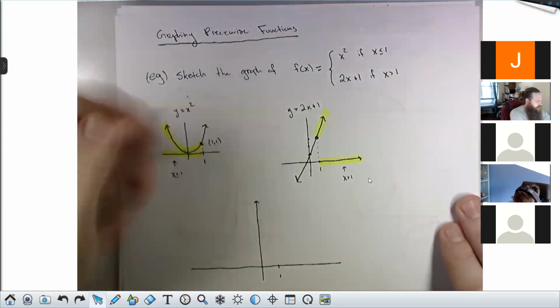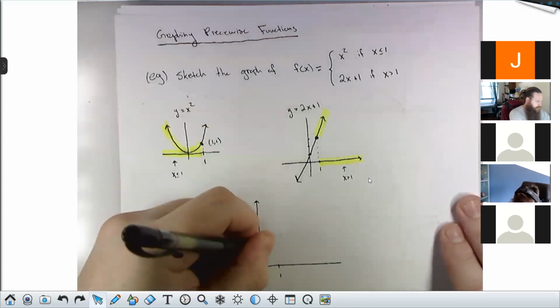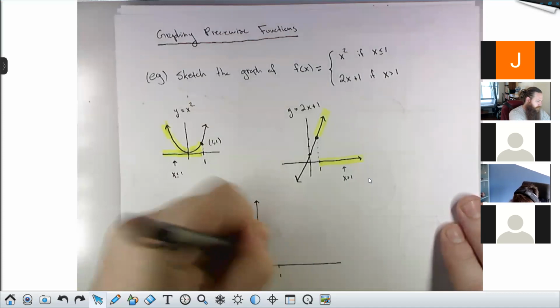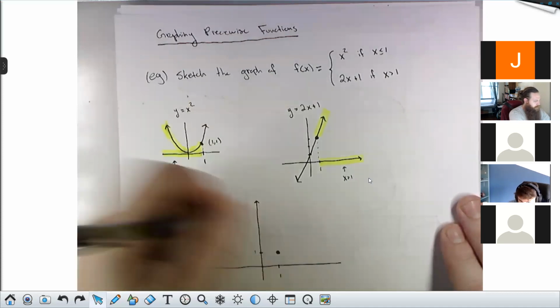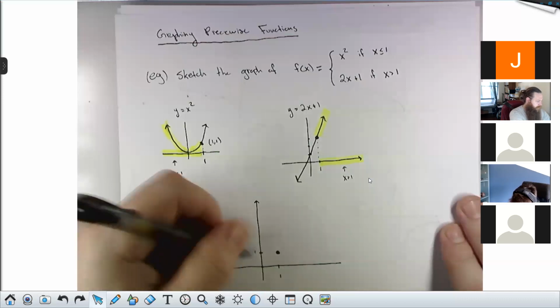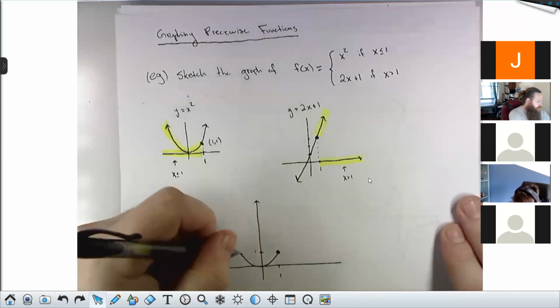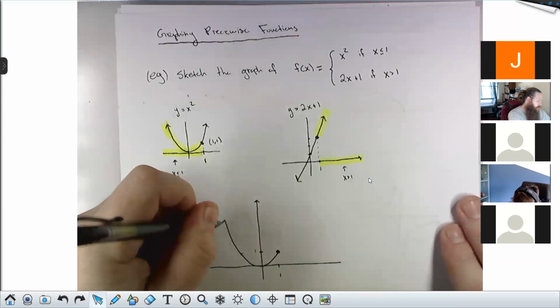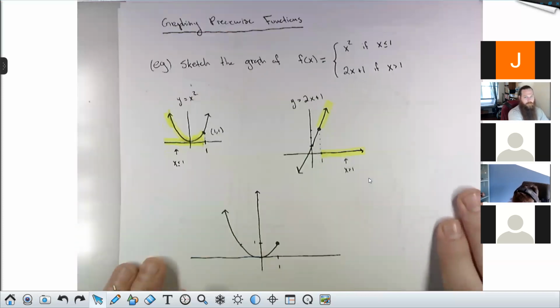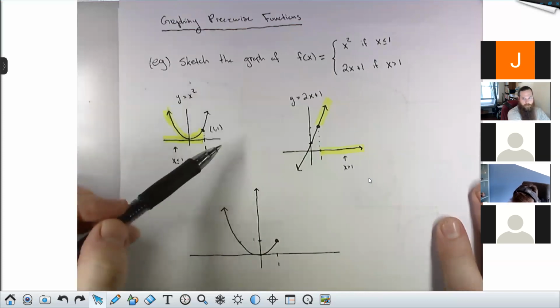This is 1, 1, because we're along the graph of x squared. So there's the part of the piecewise graph that I'm going to hold on to from my x squared piece.